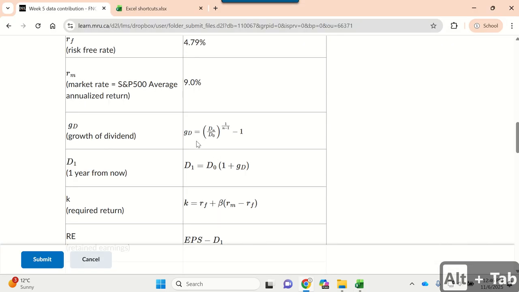Now I get into my formulas. So the growth of the dividend is the most recent dividend amount divided by the initial dividend amount, to the power of 1 over however many there are, which there are 5, minus 1, so 4. So that over to the exponent of 1/4, and then subtract the entire thing by 1.